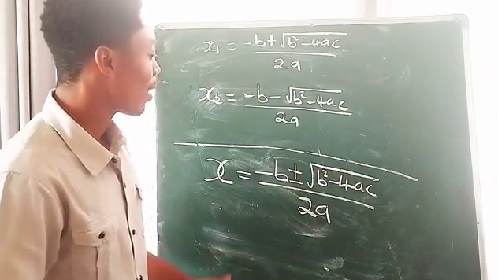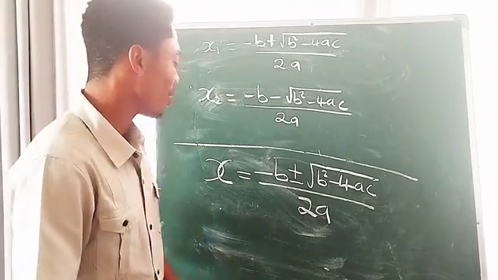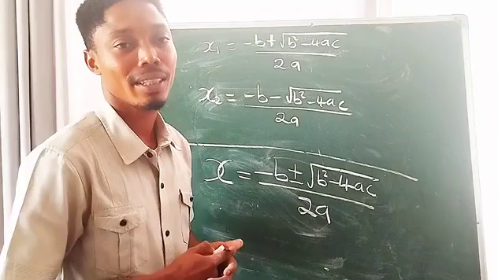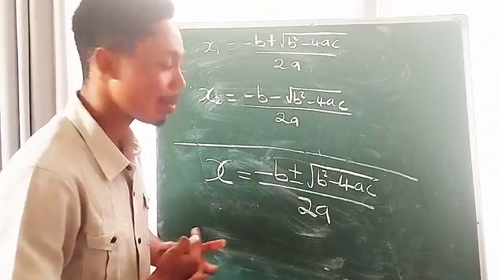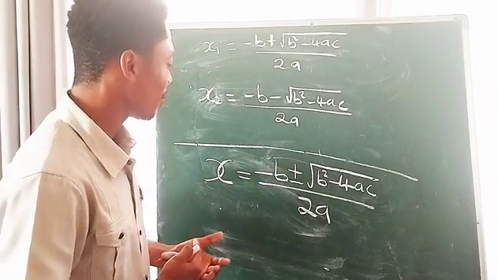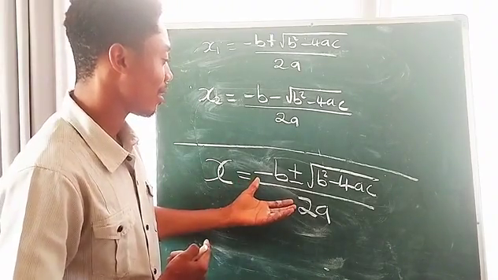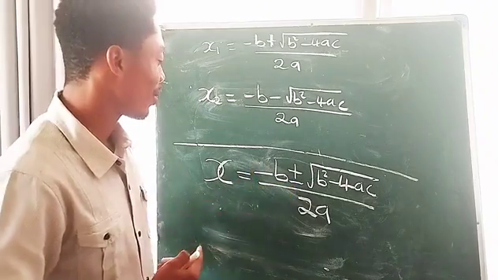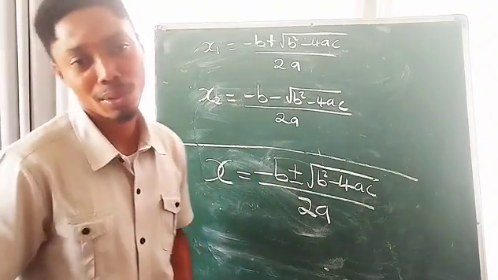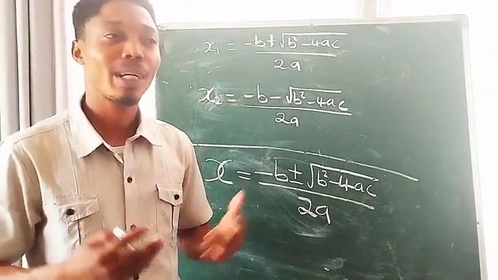This formula is very useful if you are asked to find the roots of a quadratic equation. It can be used practically when a quadratic equation requires you to find two roots.